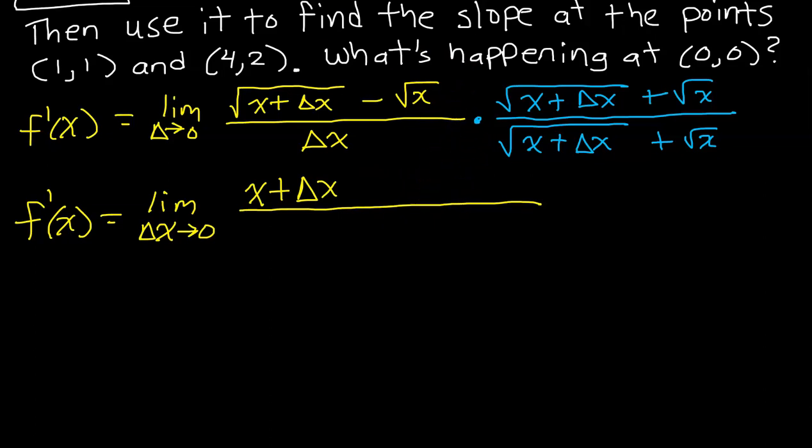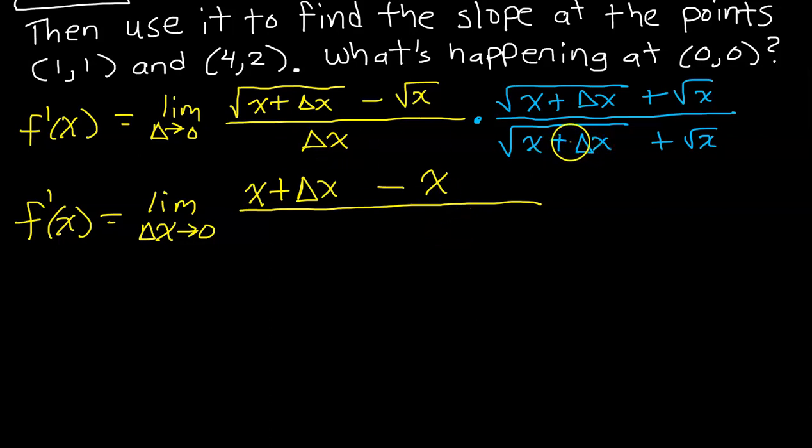And then I'm going to be down to this times this. It's a negative times a positive, so the result will be a negative. But again, when I do a radical times itself, the radical goes away. So I'm going to have negative x.